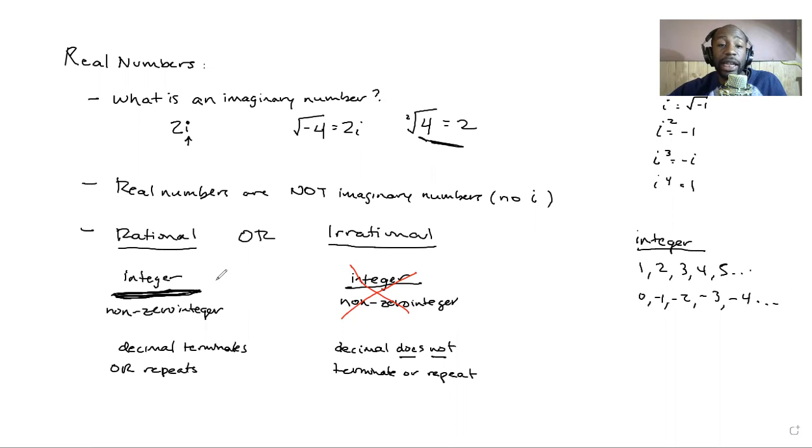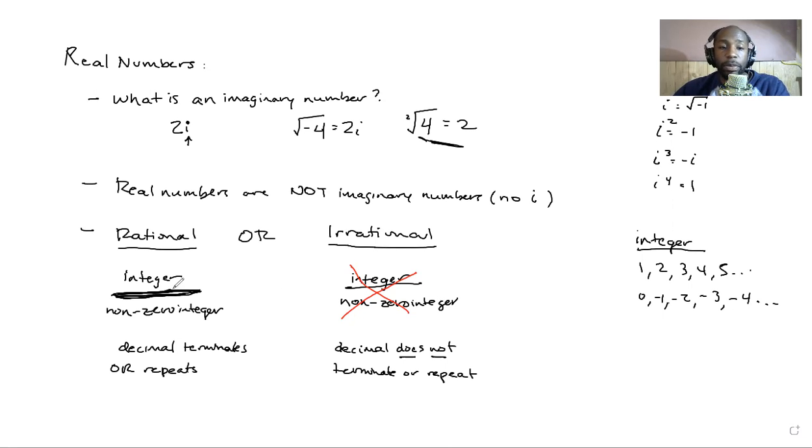And they say non-zero integer because you don't want a zero in the denominator of a fraction, or to be dividing a number by 0. That's undefined. So a rational number can be defined as some integer divided by some other integer, as long as it's not 0, and the decimal representation terminates or repeats.